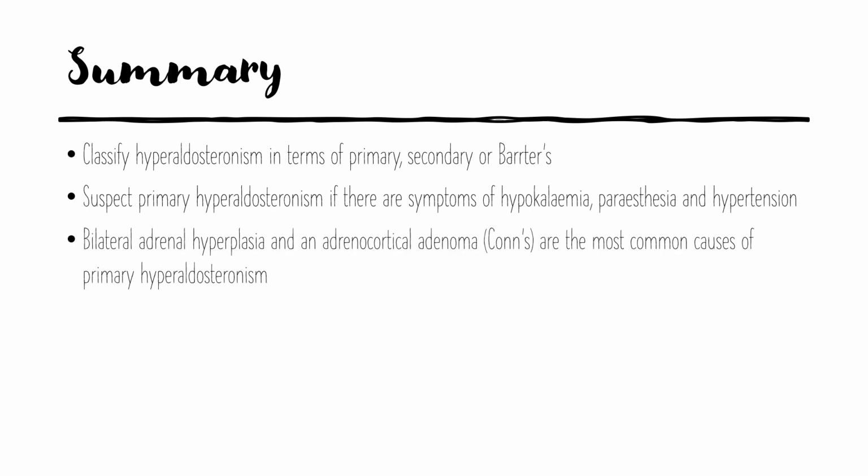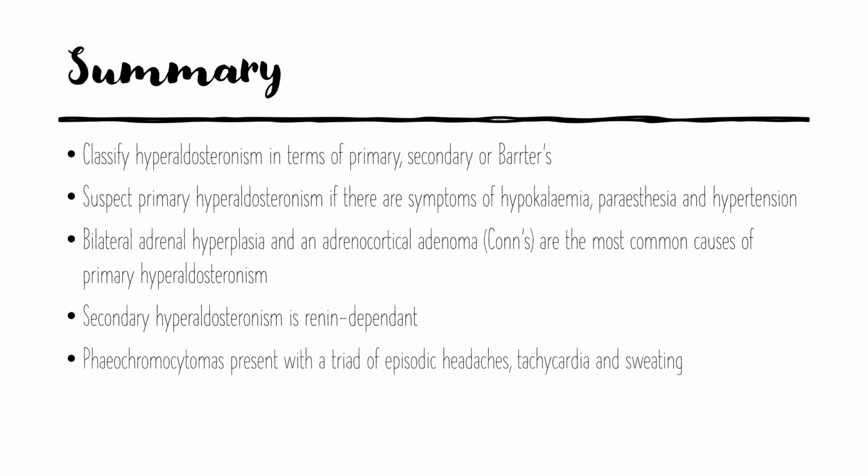Bilateral adrenal hyperplasia and adrenal adenomas, also known as Conn's, are the most common causes of primary hyperaldosteronism. Secondary hyperaldosteronism is renin-dependent and is raised due to decreased renal perfusion. Phaeochromocytomas present with a triad of episodic headaches, tachycardia, and sweating, but there may be other adrenergic symptoms. And ultimately, surgery is necessary in patients with Phaeos.